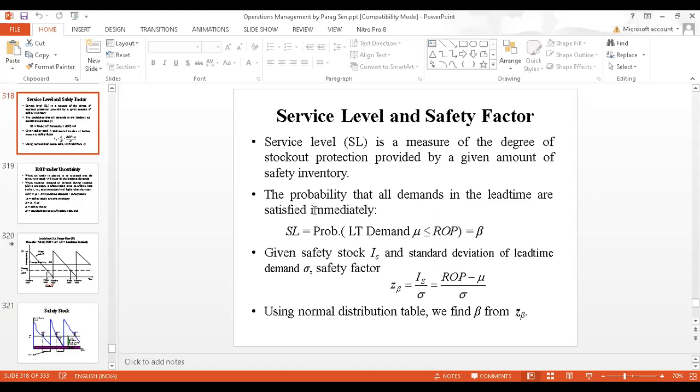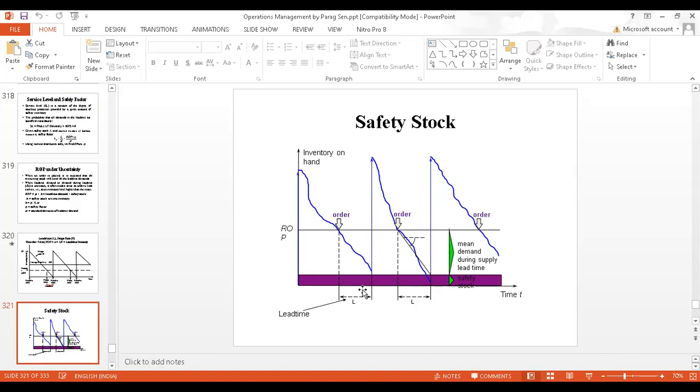If you want to find out the risk, it is the probability that the lead time demand will be greater than the reorder point, which also includes the safety stock.